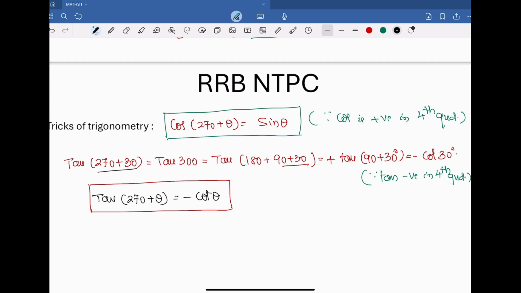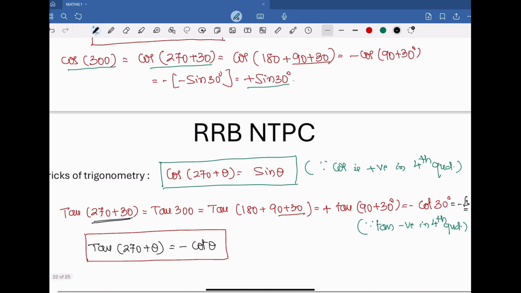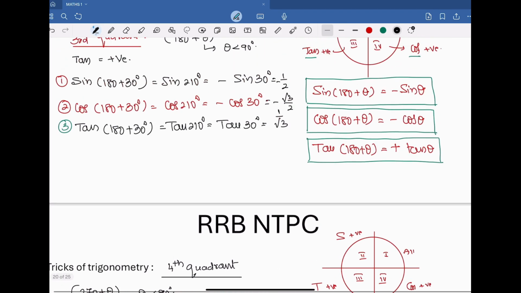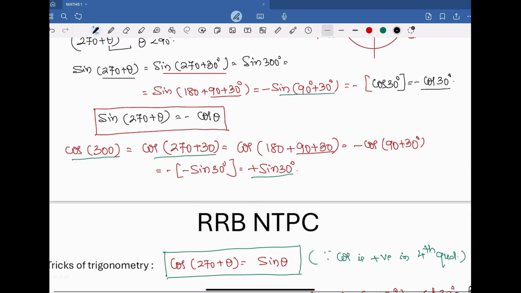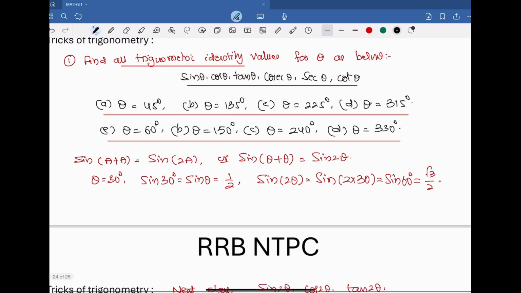This is equal to 270 plus 30. For the 30 value, tan 300 is equal to minus root 3. That is in the fourth quadrant.